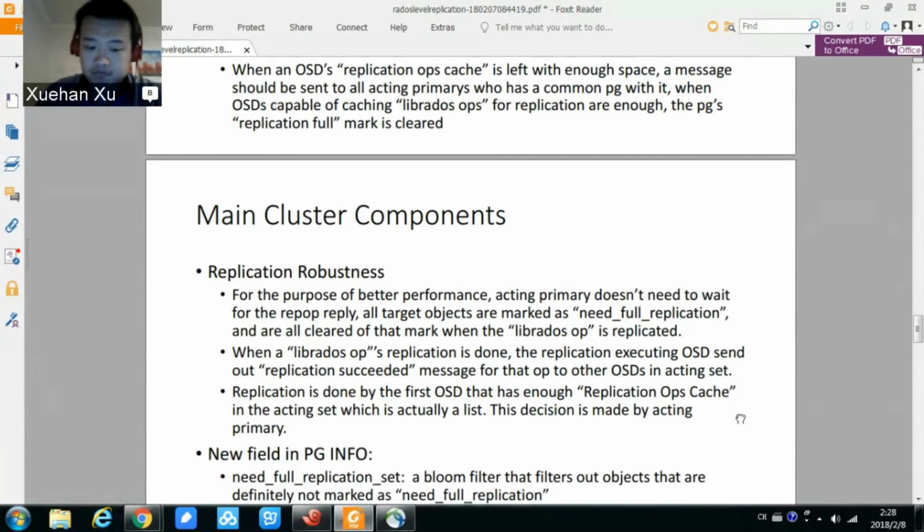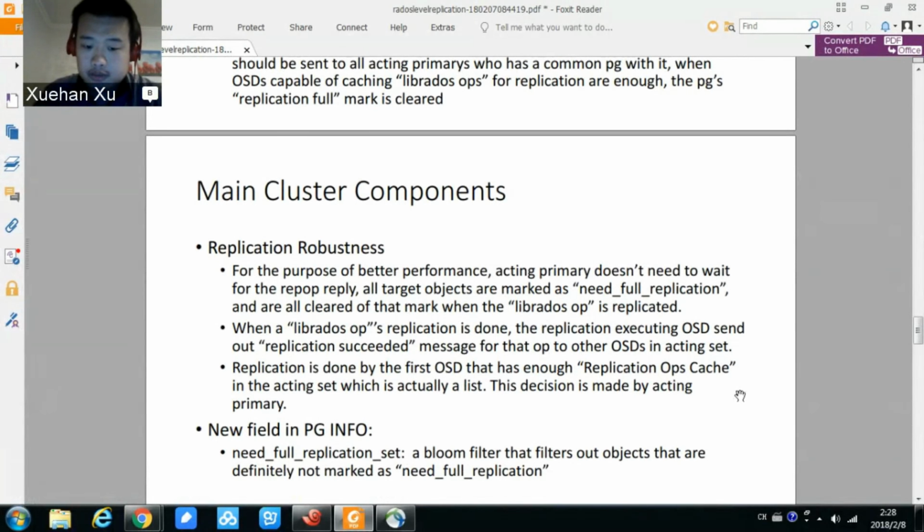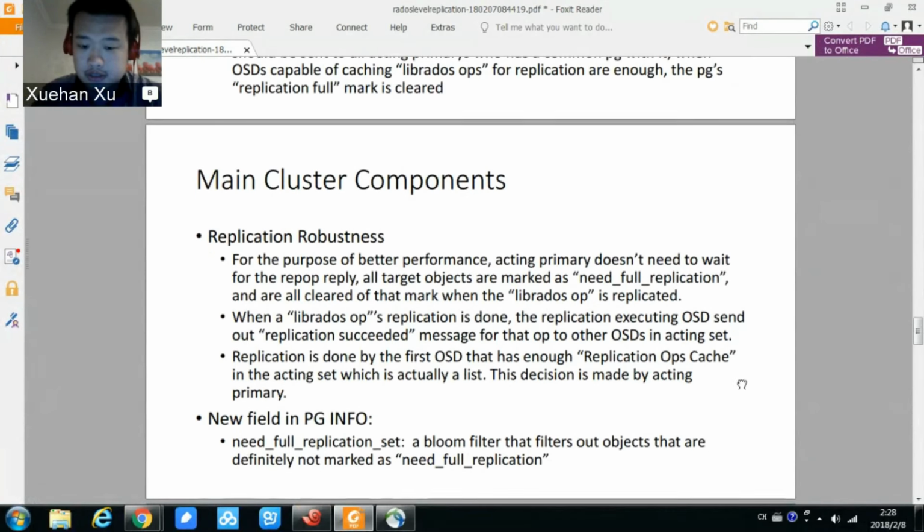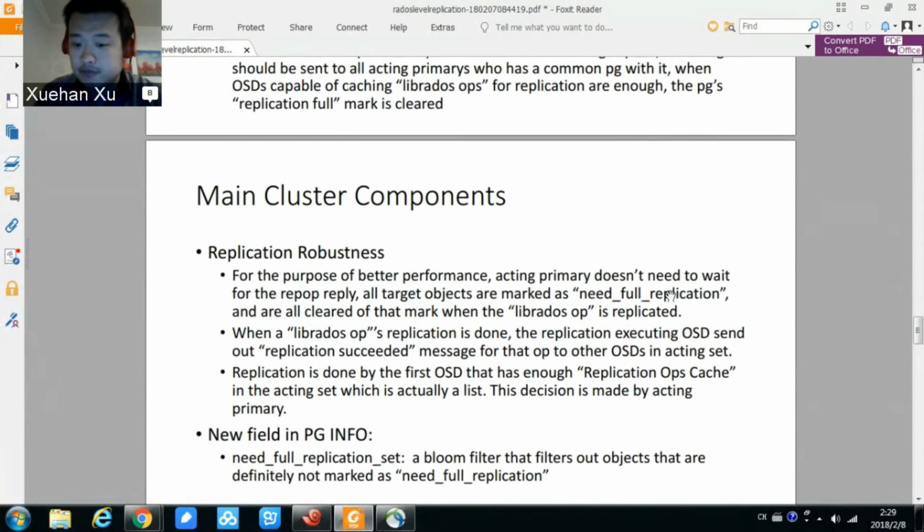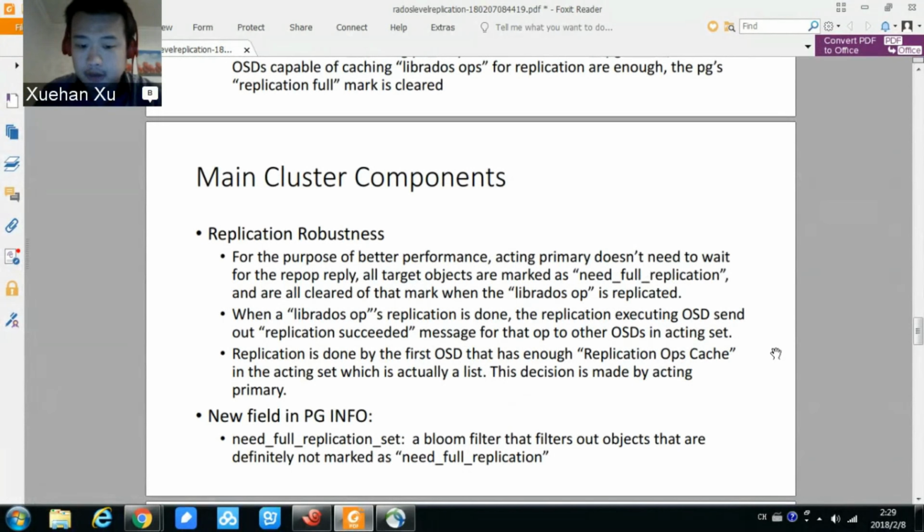And when a liberated op replication is done, the replication executing OSD should send out a replication succeeded message for that OP to other OSDs in the acting set, and this would make those OSDs clear the need full replication mark.